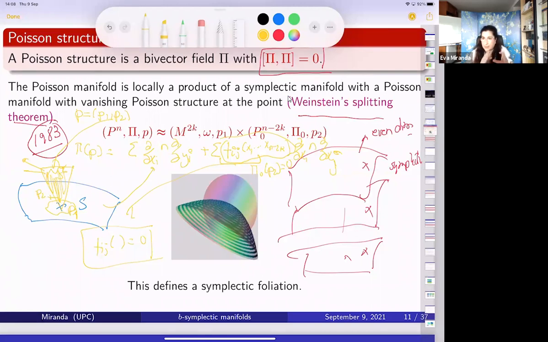It's an interesting exercise to check that the linear part itself is a Poisson structure. And because any linear Poisson structure can be represented by a Lie algebra, if this Lie algebra is what we call semi-simple of compact type, which means that you can integrate it with a compact group, then in that case it's linearizable.